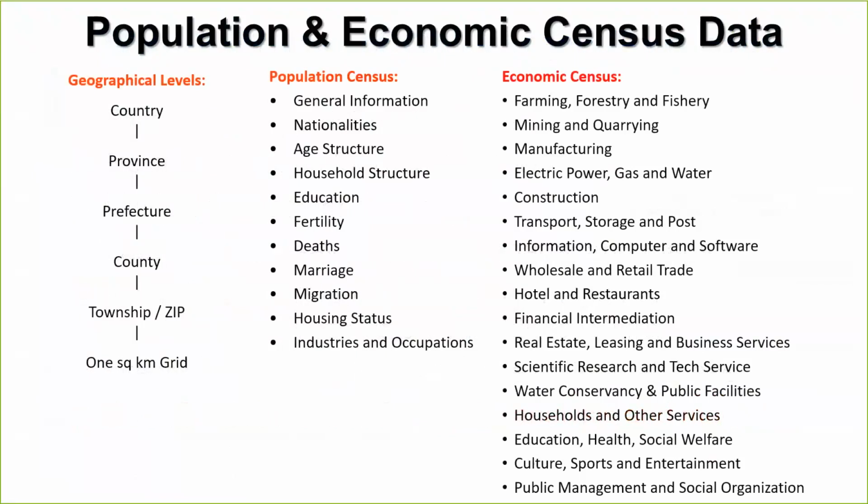So here are some more details about the population and economic census data in the China Explorer. For the population census, it covers more than 15 big categories and more than 2,000 variables.